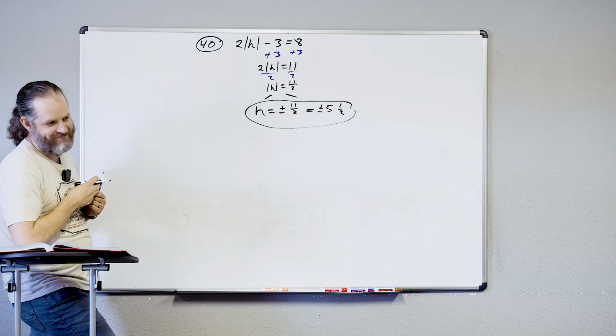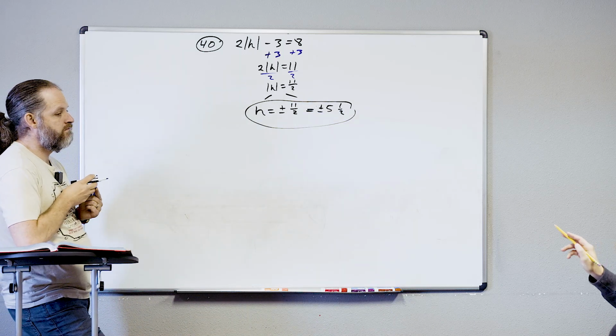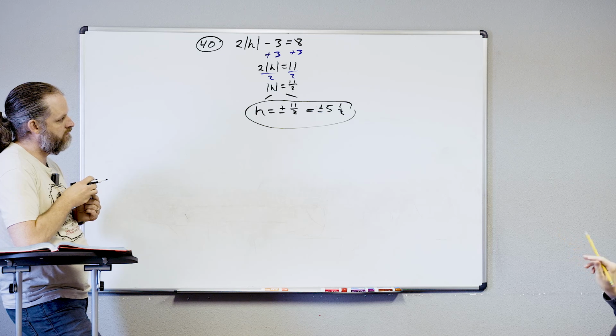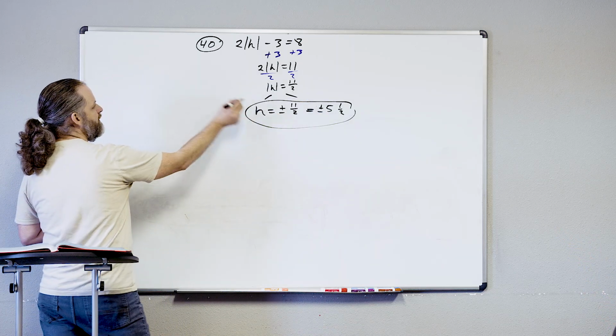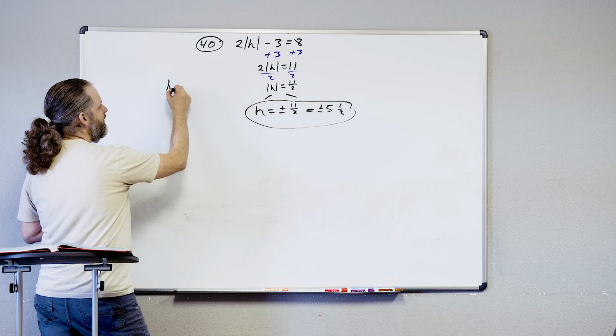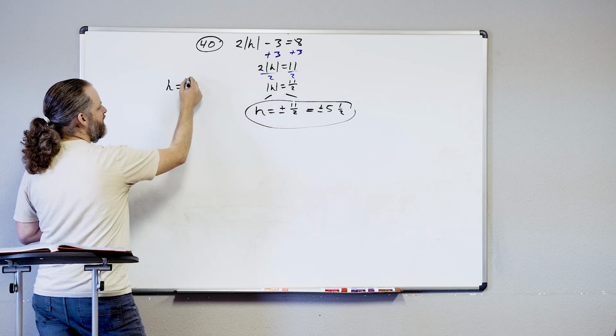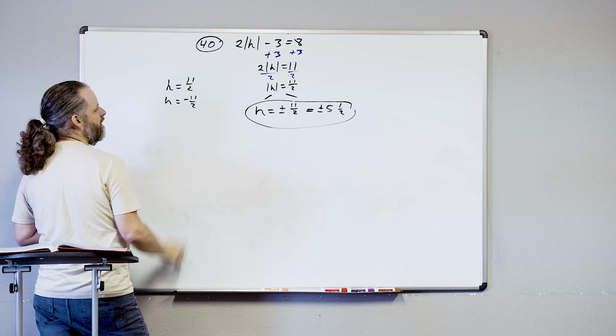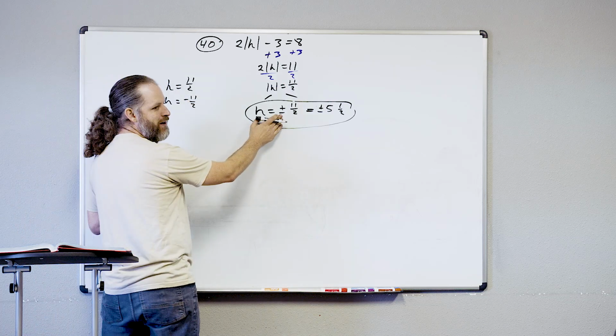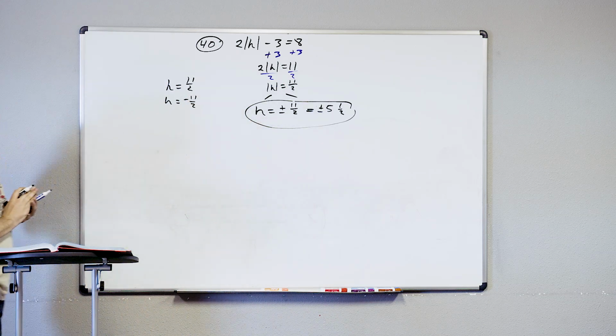I thought you can't take the letter out of this. I split it into 2, into the plus or minus. That's what I did. h equals positive 11 halves, and h equals negative 11 halves. I just smooshed them in with our cool new fancy plus or minus symbol.